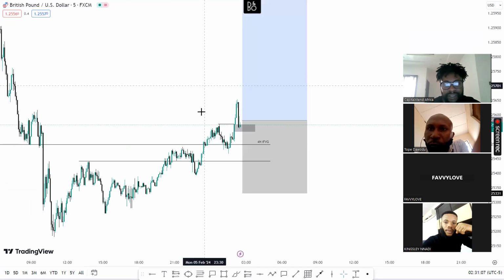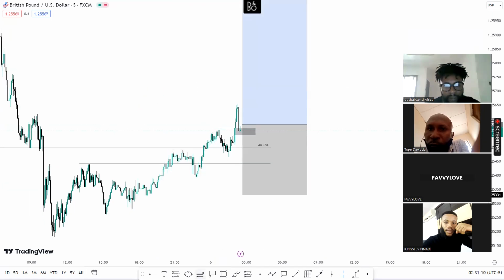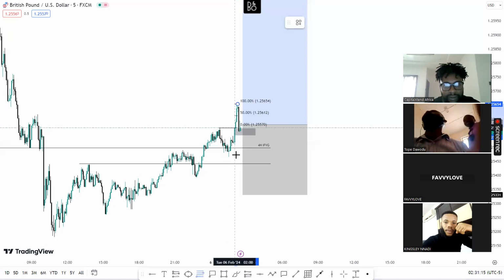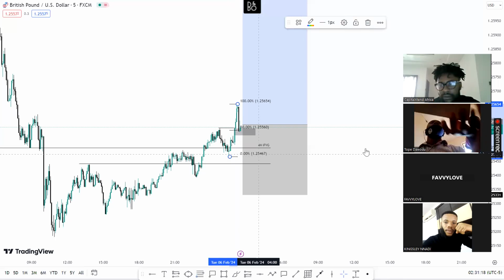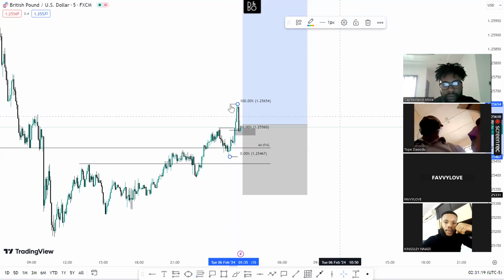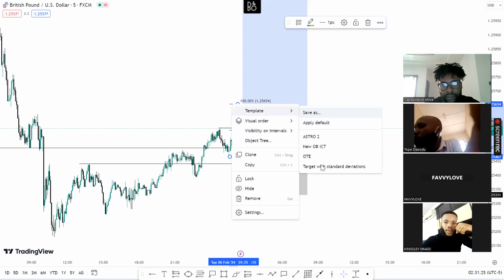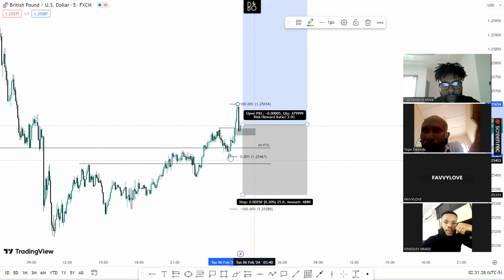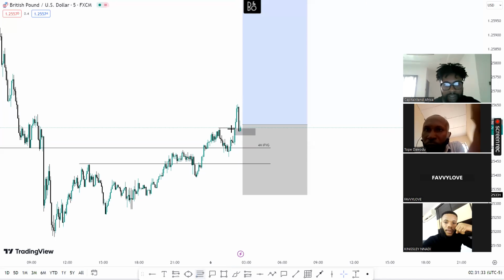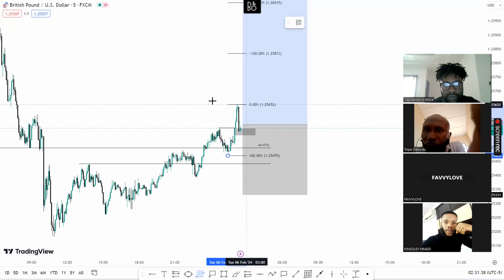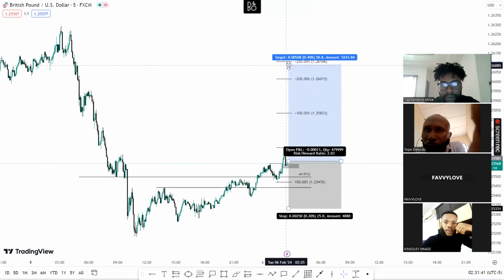Now using standard deviation, let's see where we think our target should be. Okay, 250 here, we're good.